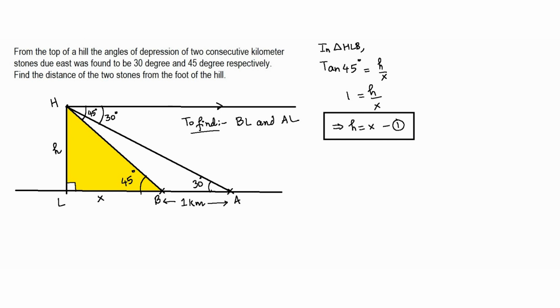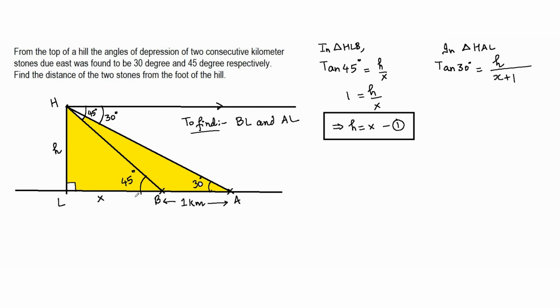Similarly, I can also take the complete triangle AHL, right? And I can take 30 degree as the angle. So now I can say that in triangle HAL, tan 30 degree is equal to the opposite length, which is h, divided by the adjacent length, which is x plus 1.